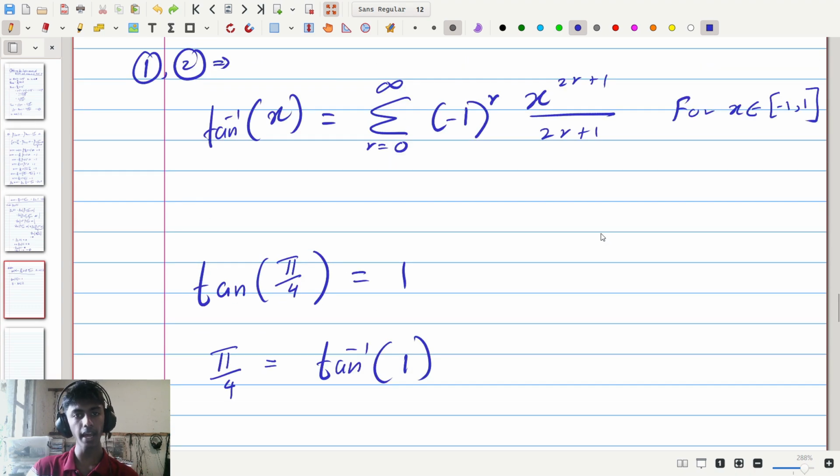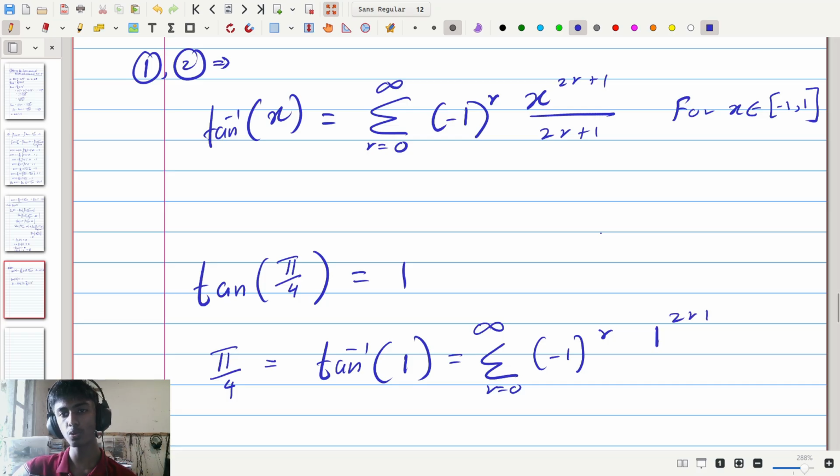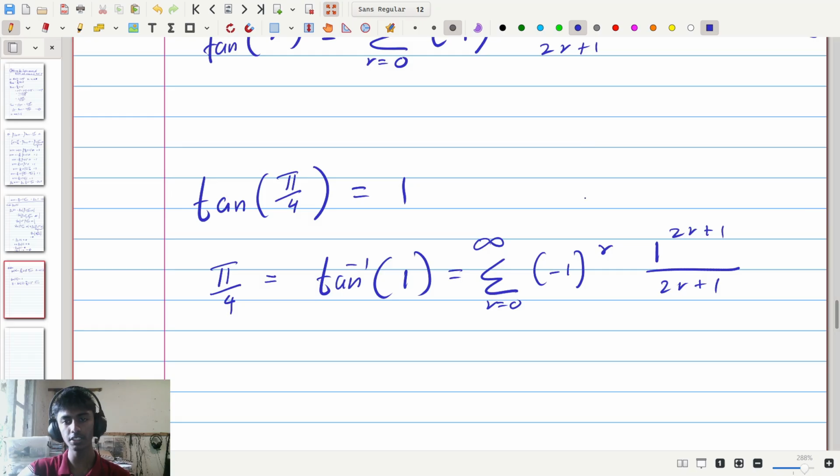Therefore, I can write that the tan inverse of 1 is equal to the sum from r equals 0 up to infinity of negative 1 to the power of r times, and instead of x here we need to substitute 1. So what we have is 1 to the power of 2r plus 1 divided by 2r plus 1. Now here, since r is an element of the integers, 1 to the power of 2r plus 1 is going to be equal to 1.